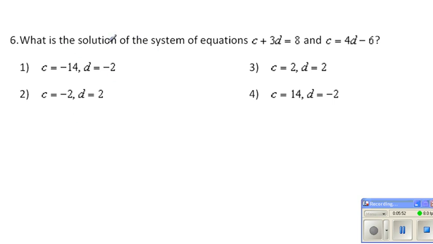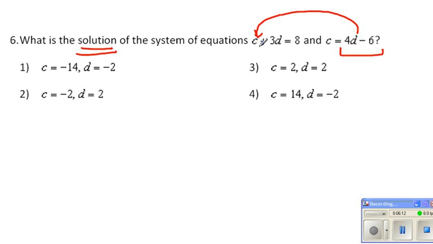Now, in this case, we're looking for the solution, meaning the values that satisfy this one and this one at the same time. There are many different ways of getting the answer, but in this particular case, since c is equal to this value, we can just plug this one in place of c, right over here.